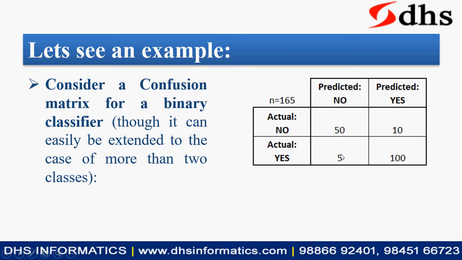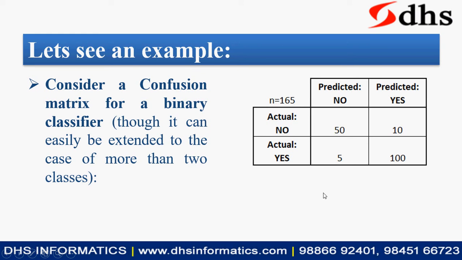But this model predicted correctly for 50 of them that they are not having the disease. But for 10 who are not having a disease, it is predicting they are having a disease. Actually 105 are having a disease; it predicted yes for 100 people, and for 5 people it is wrongly predicting they are not having a disease.